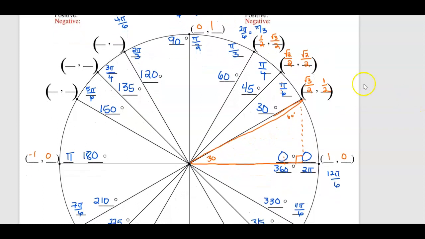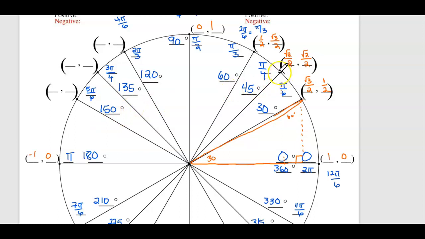So let's start with all the multiples of 45 degrees. So at 45 degrees, in the first quadrant, I have square root 2 over 2 as my x and square root 2 over 2 as my y. Now, as I move into the second quadrant, I know that when I'm on the opposite side of y, the x values are negative and the y values are positive.